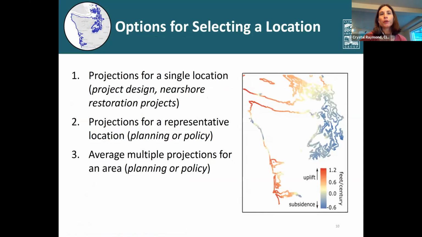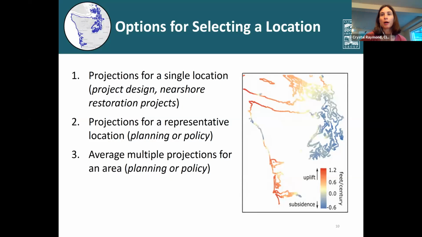There may be situations, a planning or a policy situation, where you want to be looking at the projections for a larger area, such as the coast of an island or a county. In that case, you have a couple of options. You can select a representative location, and a Tableau visualization tool that we have for viewing the data will allow you to look at different projections in your area and identify what a representative location would be.